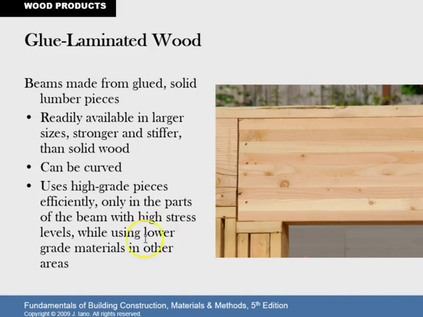So therefore, this fourth bullet is pointing out that the highest quality wood could be used here at the bottom to resist the tension. The highest quality could be used here at the top for resisting those compressive stresses. And then here in the middle, where the stresses die back, they could use a not as high grade quality piece. So that's efficiency.